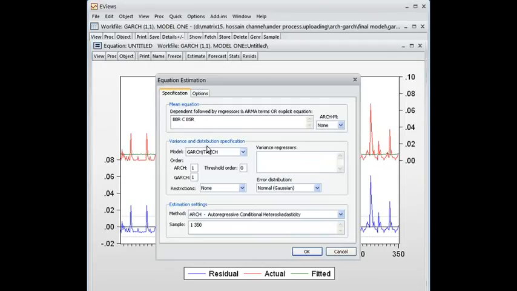And GARCH is already given, and you can see ARCH one term, GARCH one term, meaning that this one is a GARCH 1,1 model, that is first order GARCH model, and variance regressor.